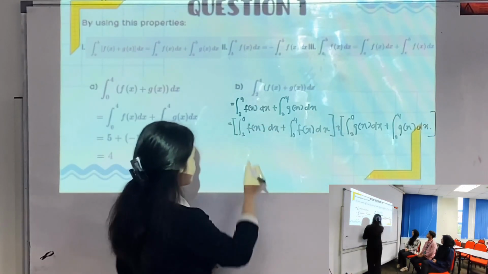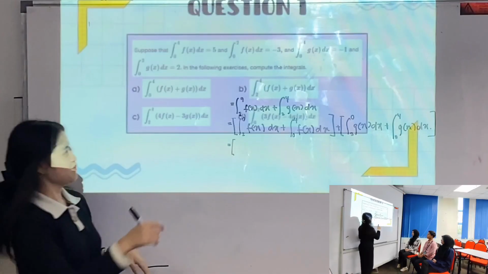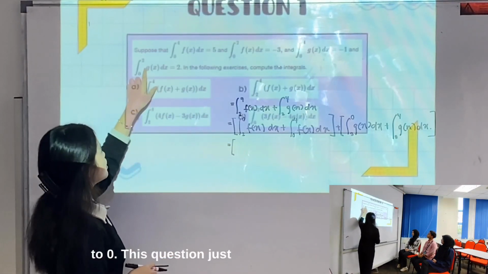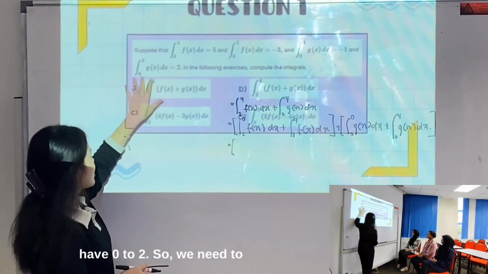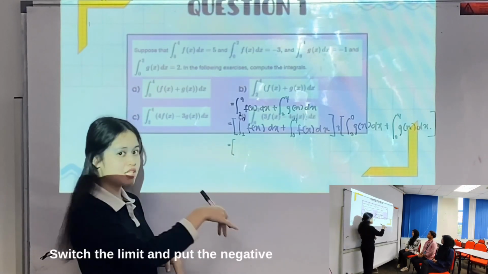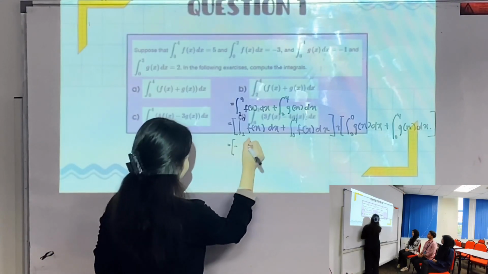As you can see in this question, we don't have the limit from 2 to 0. This question just has 0 to 2. So we need to switch the limit and put the negative sign in front of this integral.